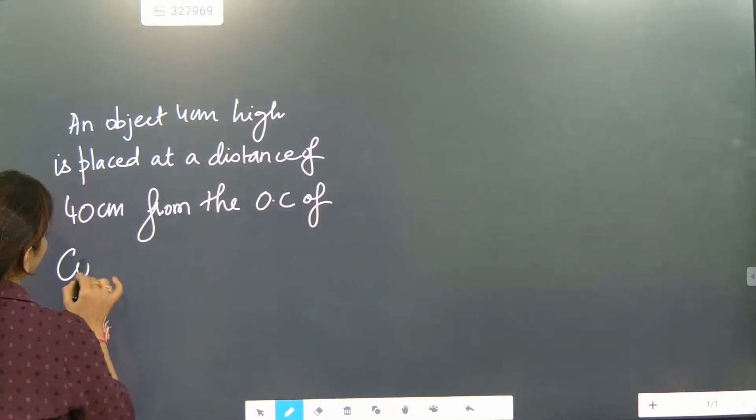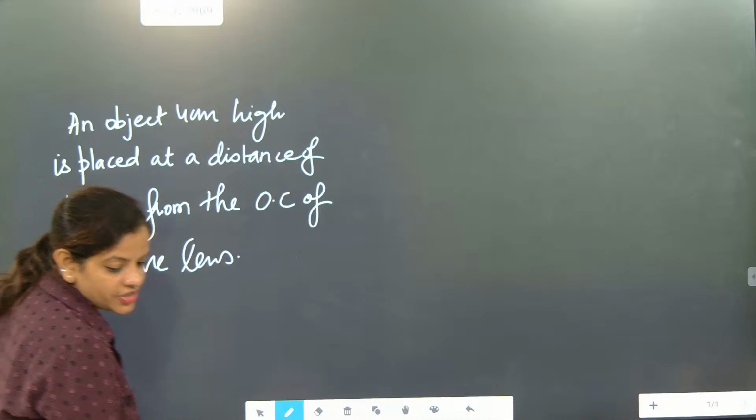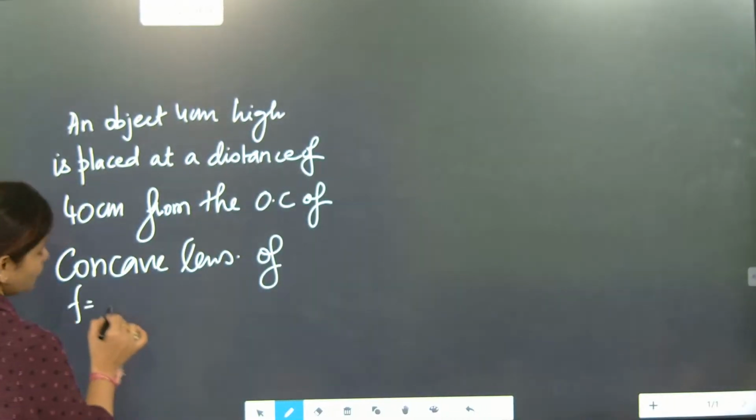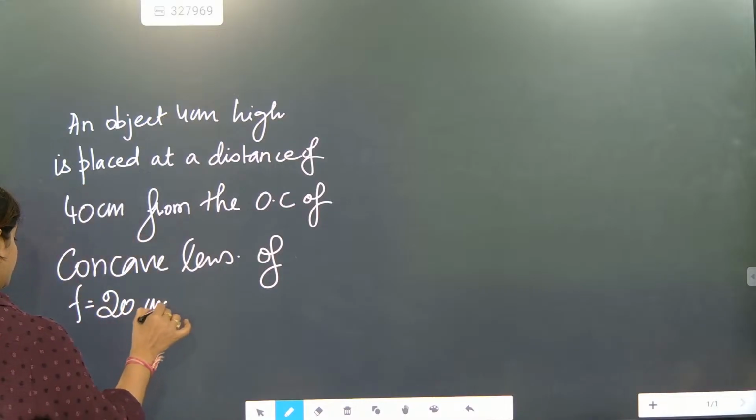Now we are getting towards the concave lens, so all the properties will change. The focal length given here is 20 centimeter.